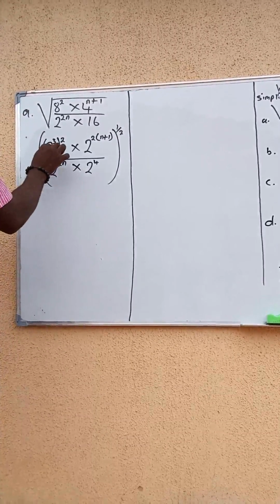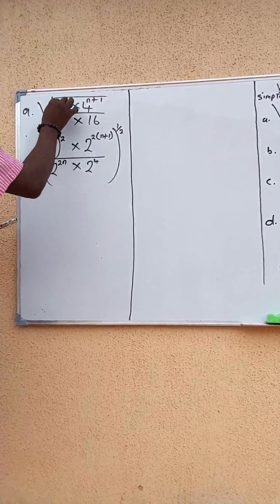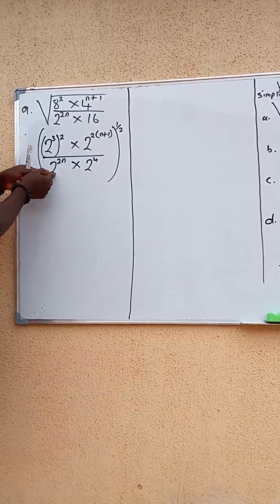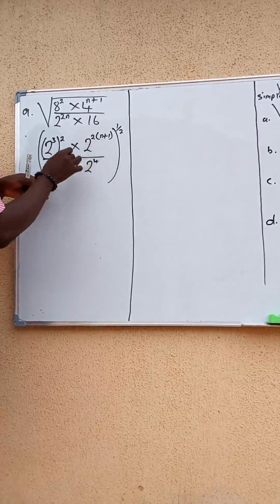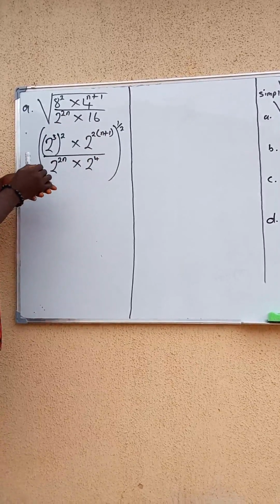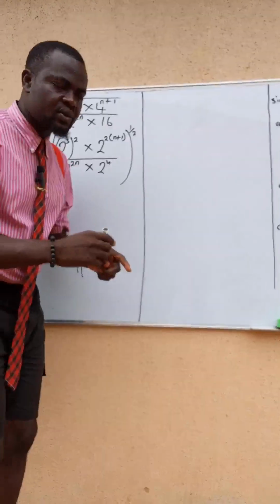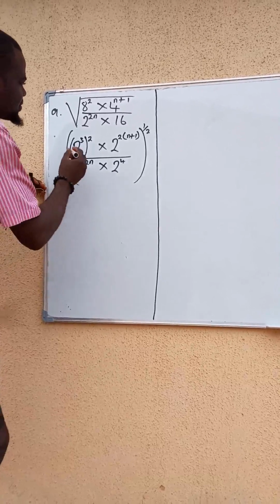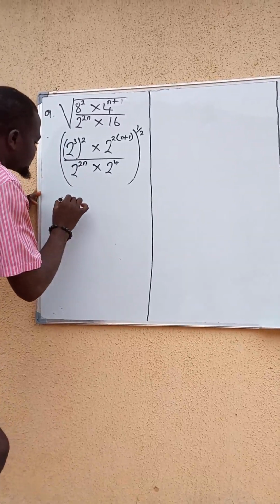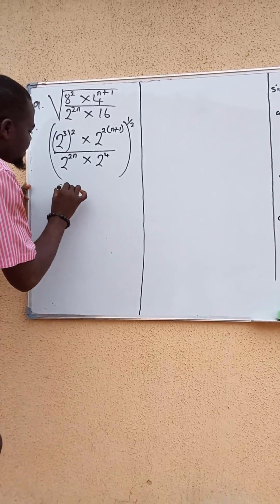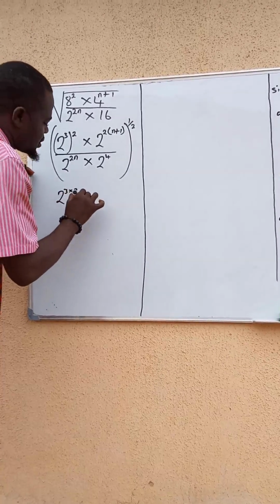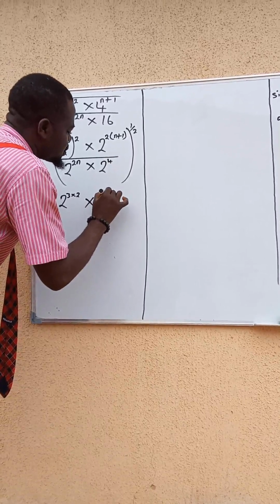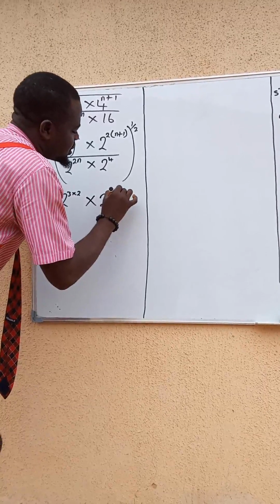So this 2 raised to the power of 3 is 8. Why I'm doing this is because I saw the least number here from the questions and I discovered that the whole base can be this. So you must look at the questions very well. In this case, let me clear the brackets. I have 2 raised to the power of 3 times 2 raised to the power of 2n plus 2.